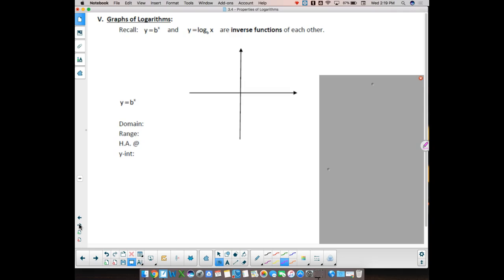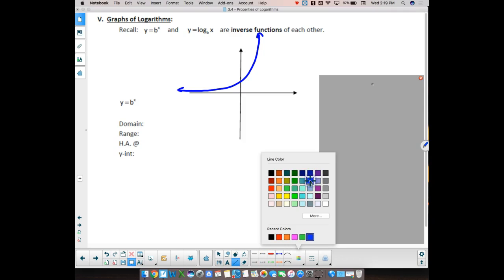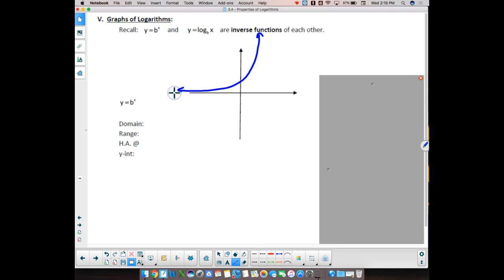So that would make it be a growth function, correct? That would make it be like that, correct?